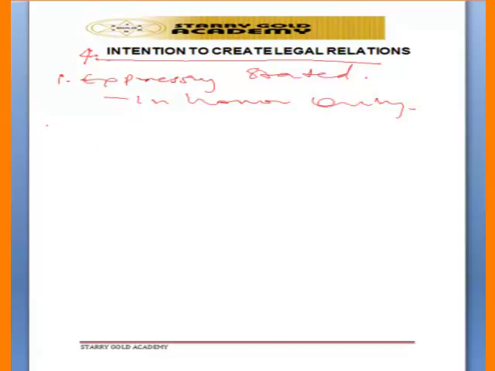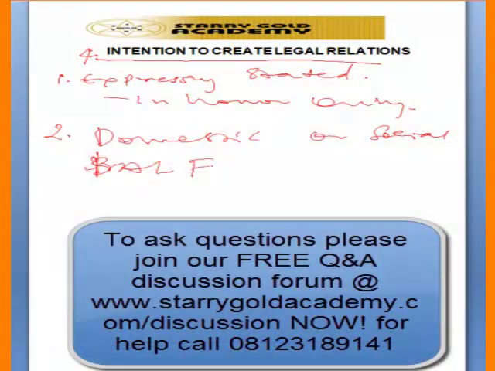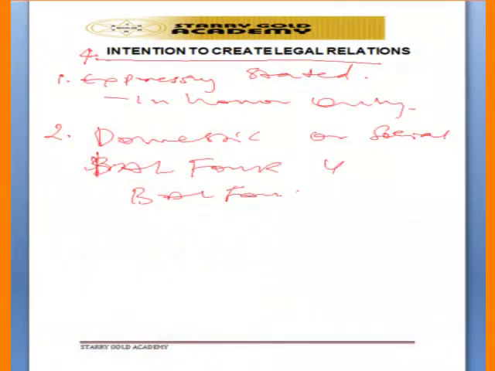Number 2, if the contract is domestic in nature or social in nature, as we have in Balfour versus Balfour, that means a husband and wife enter into a contract.